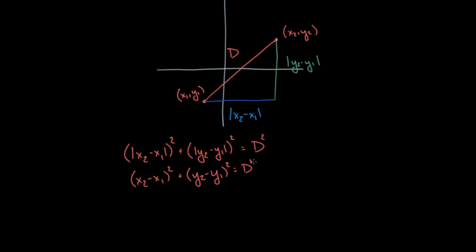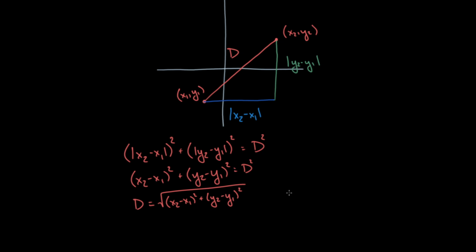And so I can just move these around and say that the distance between my 2 points will just be equal to the square root of, and then the quantity of x2 minus x1 squared plus y2 minus y1 squared.